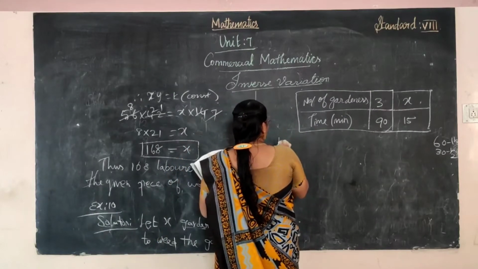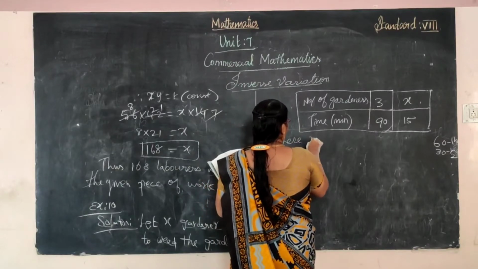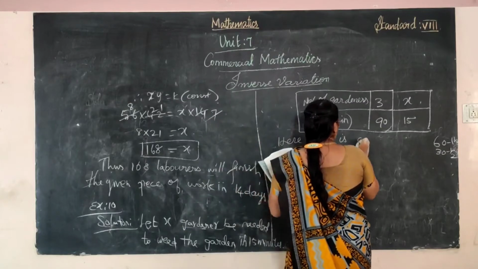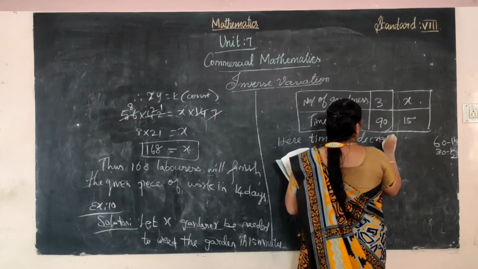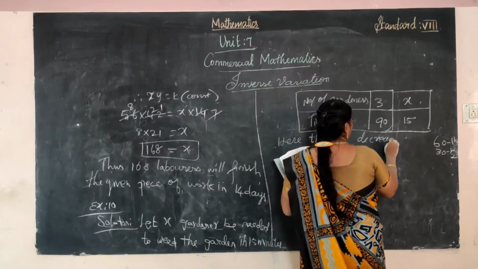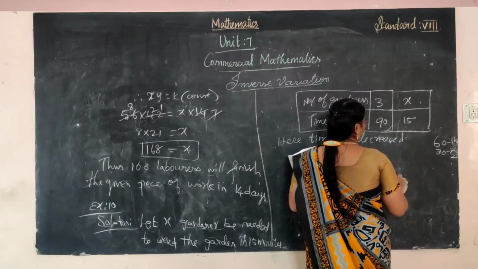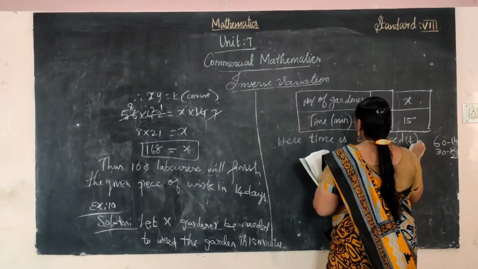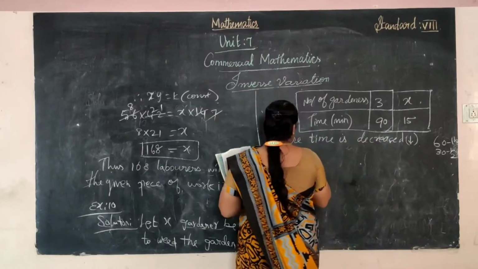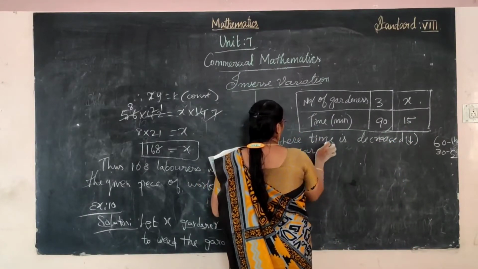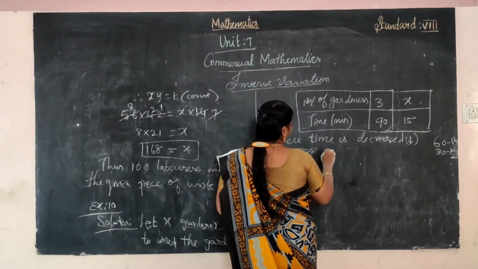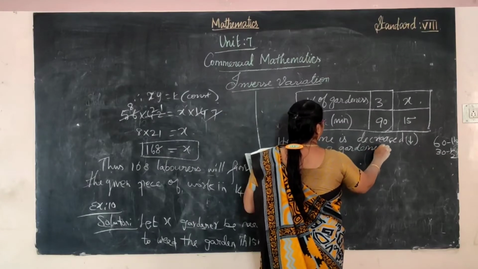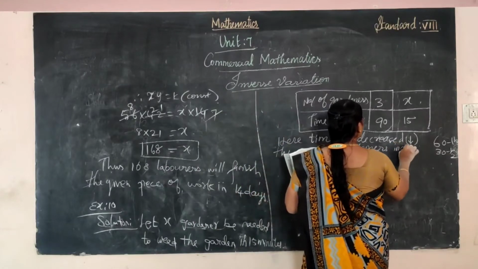Right, here time is decreased. Then number of gardeners increase.